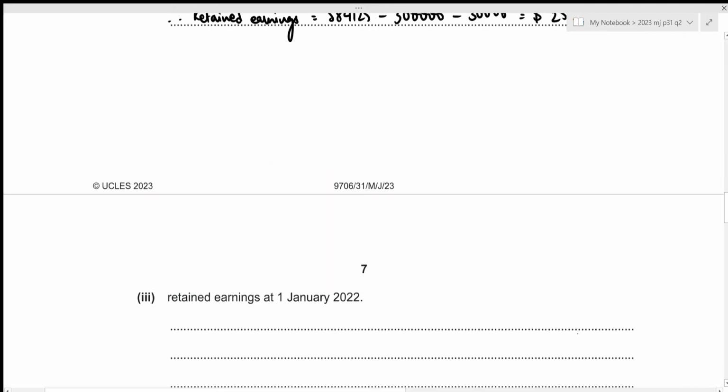third one. Now we need to calculate retained earnings at 1st January 2022. So for this, it will be easier if you remember the format for our statement of changes in equity, but only for the retained earnings column. So remember that we start with our opening balance, so that is balance BD. Then we add all of the profit for the year. Then we need to subtract our dividends paid.